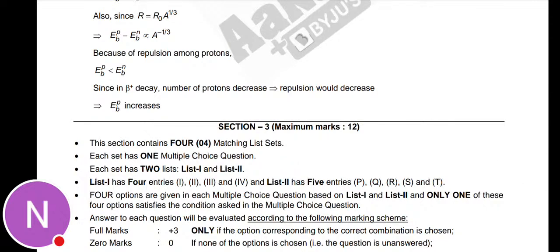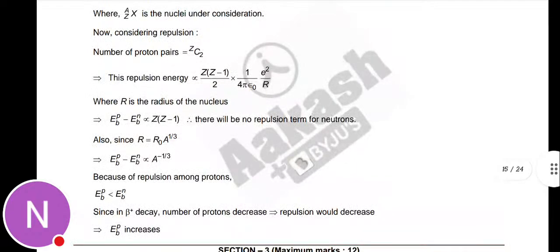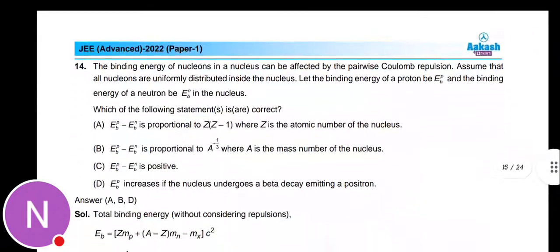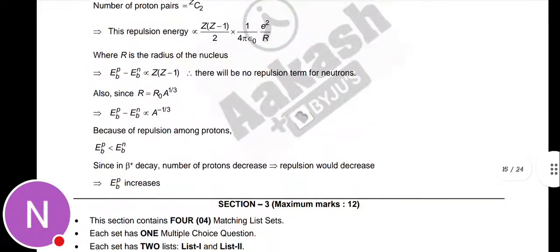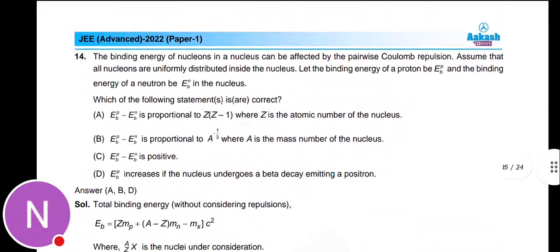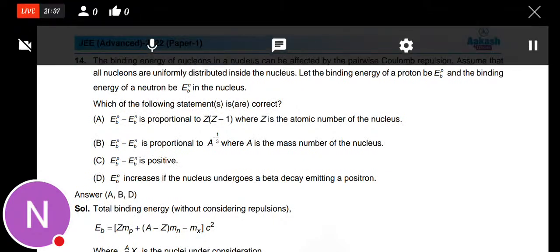So therefore, since in beta plus decay the number of protons will be decreasing, repulsion would decrease. So therefore, EBP will be increasing. So therefore, options A, B and D are correct. But EBP minus EBN is not positive. So therefore, A, B, D is the answer for question number 14.